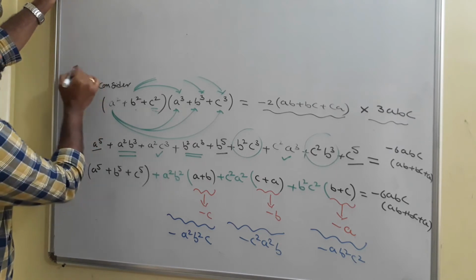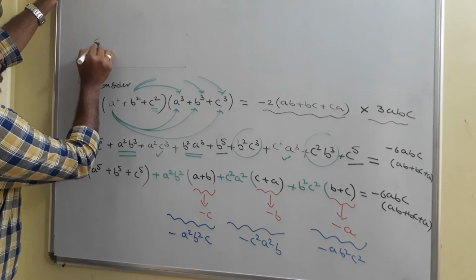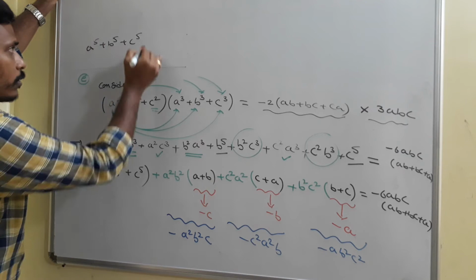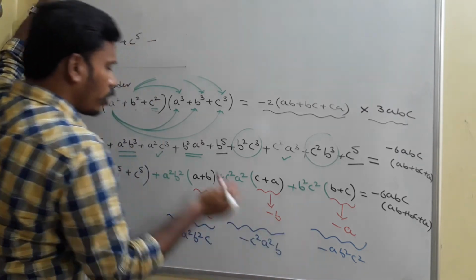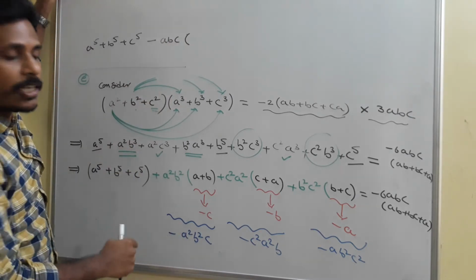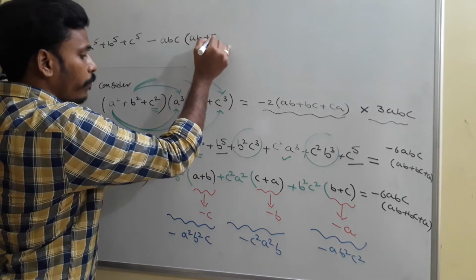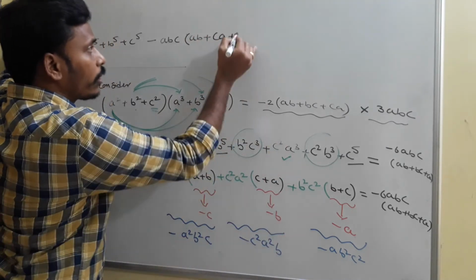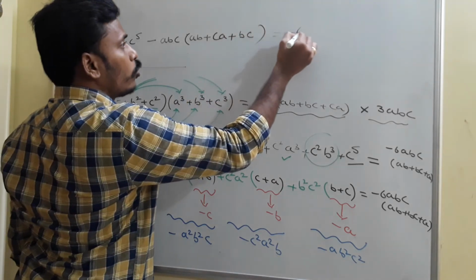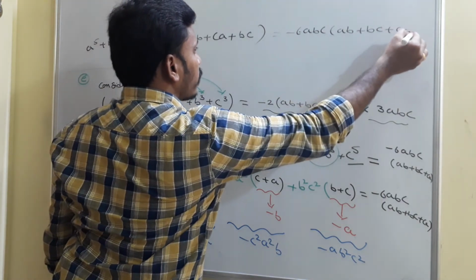This is a power 5 plus b power 5 plus c power 5 from the first two terms, minus from these two terms you just common out abc. abc of, see if you write abc out, still you are left with ab plus, here you are left with ca, and there you are left with bc. Okay? ab plus bc plus ca is equal to minus 6 abc of ab plus bc plus ca.